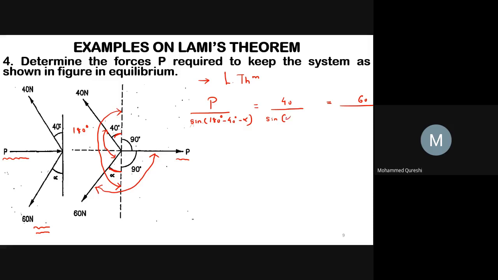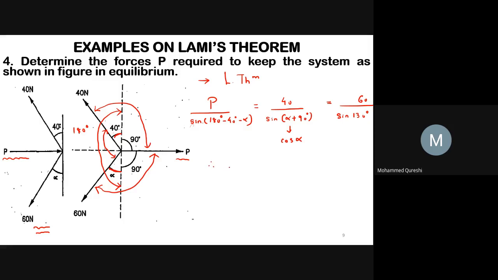So here sine alpha plus 90 degree equals to 60 upon the sine of angle between the other two. So this will be 40 plus 90, so you will get sine 130 degree. Now we know that sine alpha plus 90 is nothing but cos alpha.